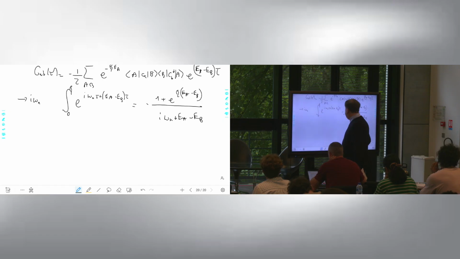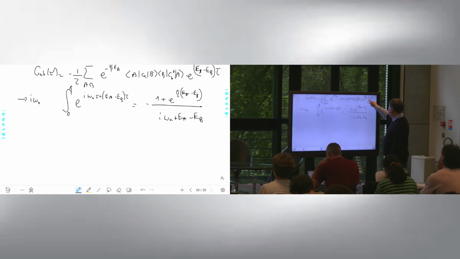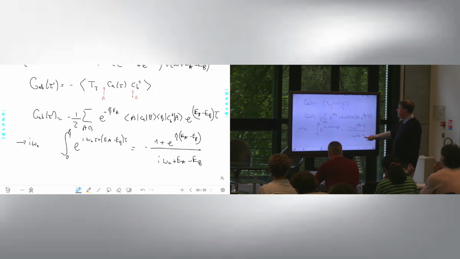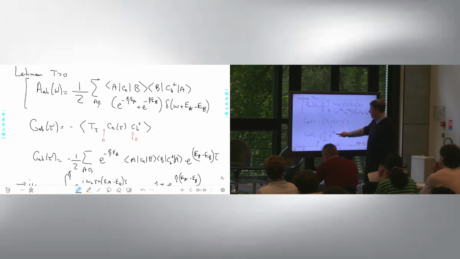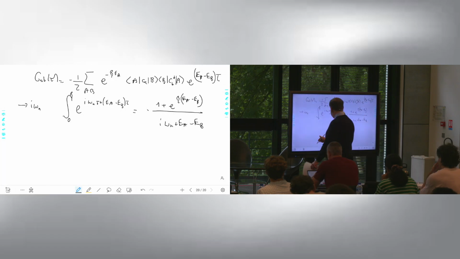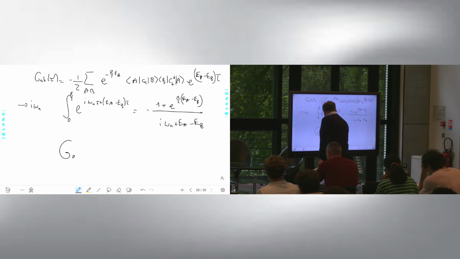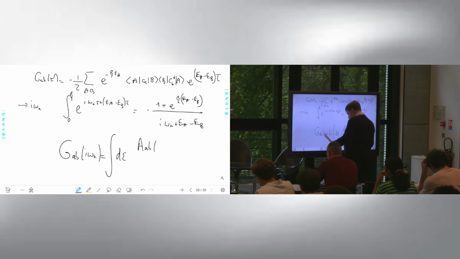And you will find out, if you replace this into that, you replace this integral into this, and compare to that. Just take a piece of paper and do it. You will get the following results. GAB of i omega n is equal to the integral d epsilon of A B of epsilon divided by i omega n minus epsilon.